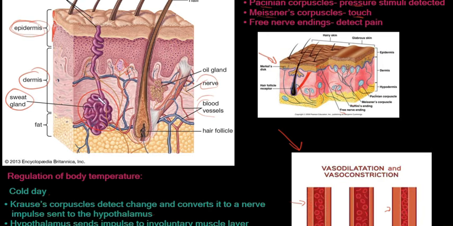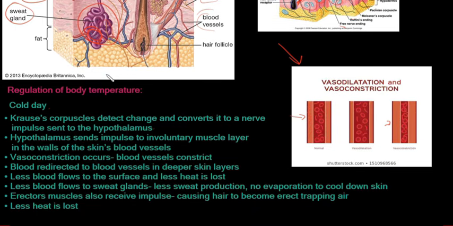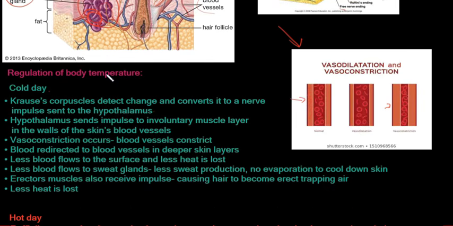Looking at the sweat gland, it secretes sweat to the surface, and on a hot day, when that sweat evaporates, the water from the sweat cools down the skin. On a cold day, there's less blood supply to the sweat gland, which means less sweat will be produced, so no evaporation takes place to cool down the skin even further, which is what you do not want.